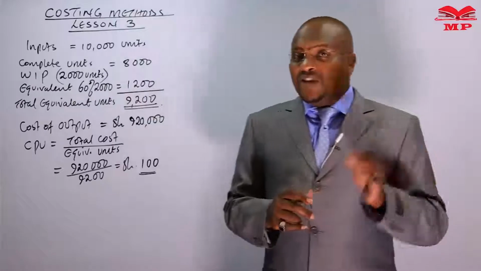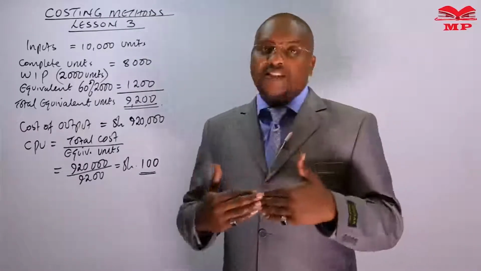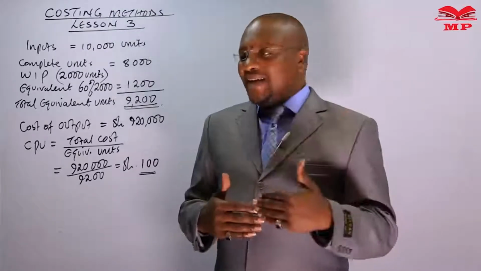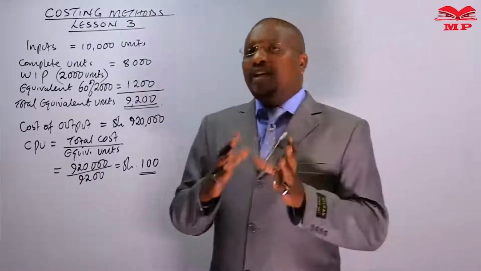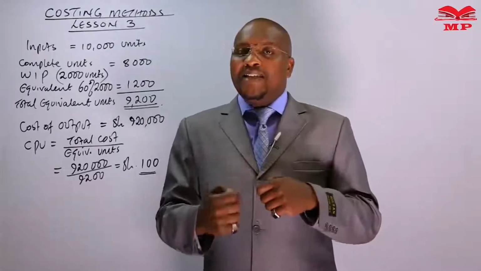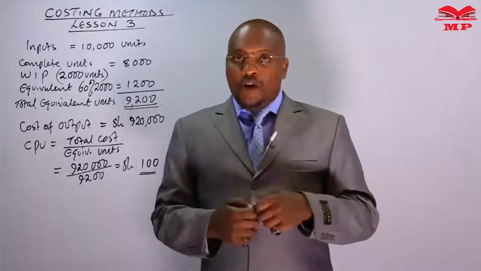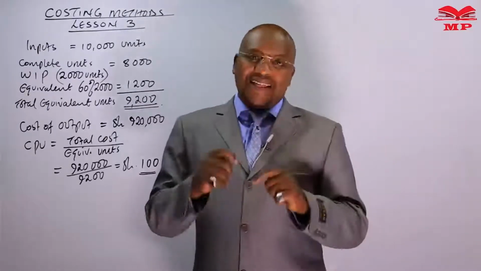Now, the transfer in cost, we can say that it happens at the beginning of the process. But the material added, the labor cost, and the overheads depend. When do we incur these expenses? Material added may be added throughout the period, or at the beginning of the period, or at the end of the period.